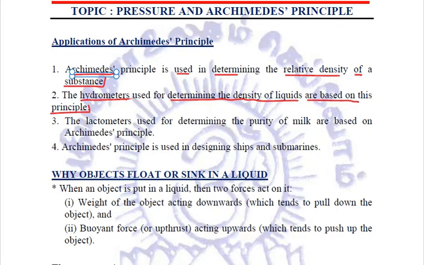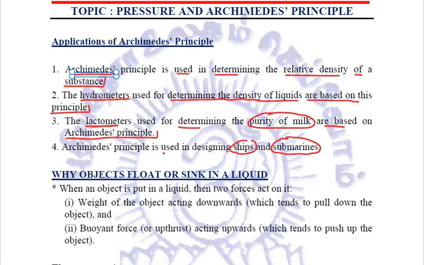The next are the lactometers, which are used for determining the purity of milk. They are also based on Archimedes principle, and Archimedes principle is used in designing the ships and the submarines. So these are a few applications of the Archimedes principle, right?